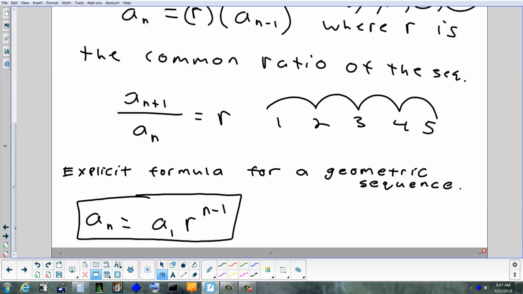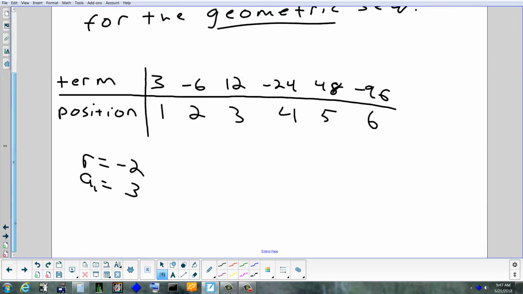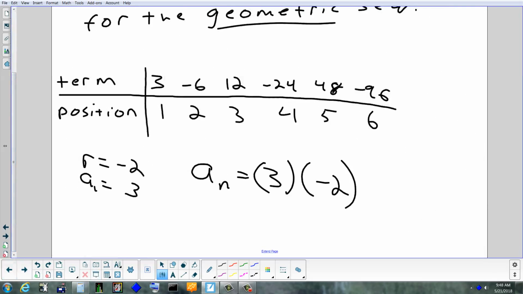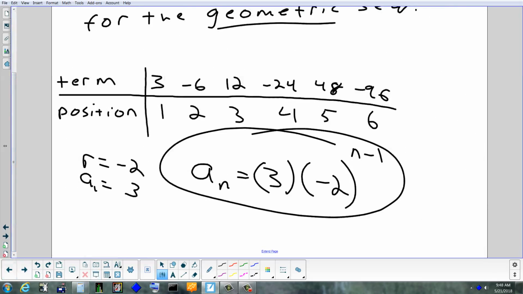So the first term times r to the n minus 1. Let's try it for the third term. We should get 12. 3 minus 1 is 2. -2 squared is 4. 4 times 3, 12. Perfect.